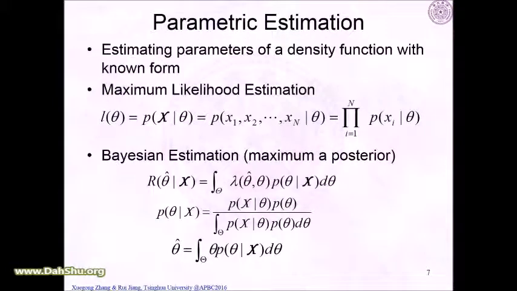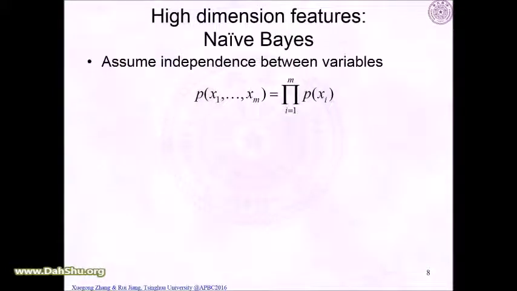So what we are assuming here is that x is univariate. When we have multiple variables, the simplest case is that we assume the variables are independent of each other. So the probability will be just the product of the probabilities of each individual variable.